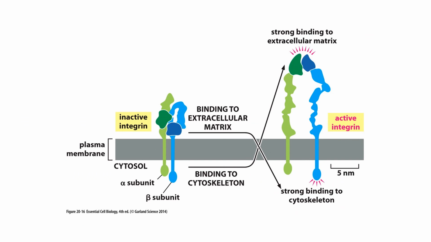Integrins are not always very tightly bound to the extracellular matrix or to the intracellular adapter proteins. In fact, binding to the extracellular matrix enhances the affinity for cytoplasmic adapter proteins, and binding to cytoplasmic adapter proteins increases the affinity of the integrins for the extracellular matrix proteins.